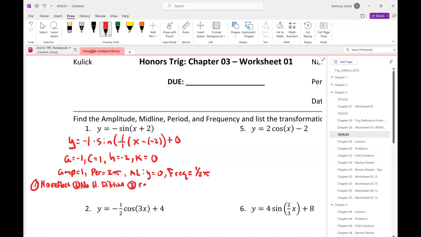We do have a reflection on the x-axis because the A is negative, but we don't have any vertical dilation because the absolute value of A is still 1. Since the H is negative, we're going to be going left 2 units. And since the K is 0, we have no vertical shift.